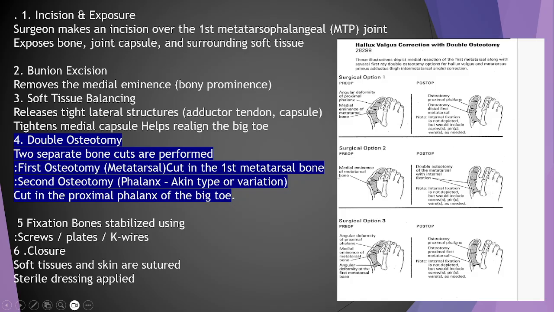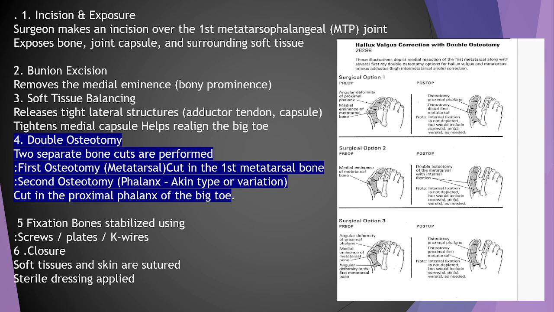Okay, so first in the Hallux valgus correction with double osteotomy, what will the physician do? Simply, first an incision over the first metatarsophalangeal joint, exposing the bone, joints and capsule over the surrounding tissue, and bunion excision, that is removal of the medial bony bump, the bony prominences. After that, soft tissue balancing is done.